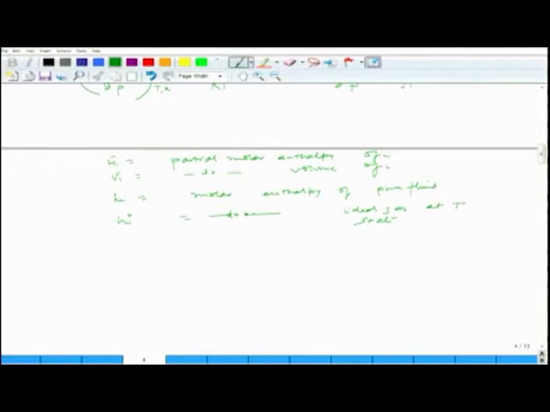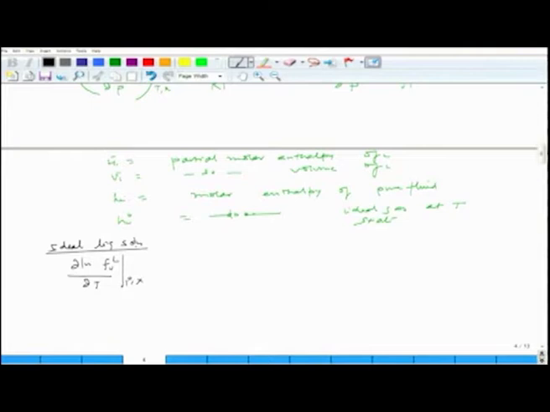Now what I am going to do is consider for the ideal solution what would be the derivative of ln f_i^L with respect to T at constant P and x. So what is that for the case of ideal liquid solution?